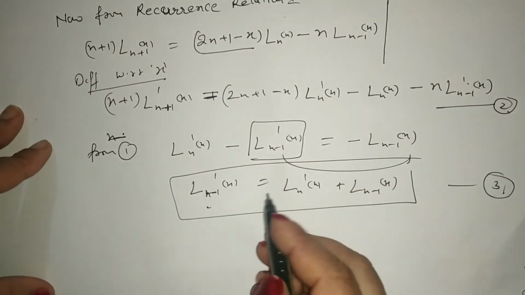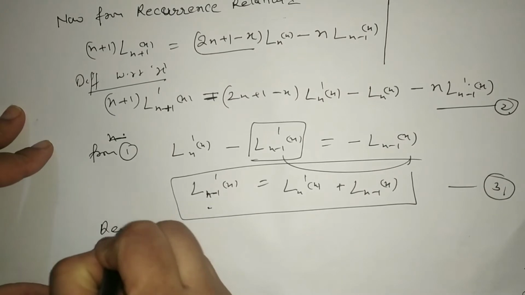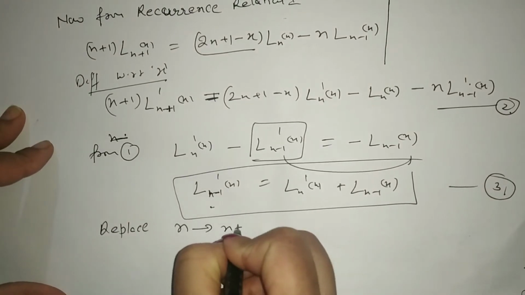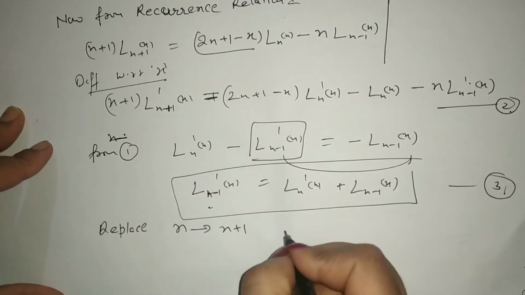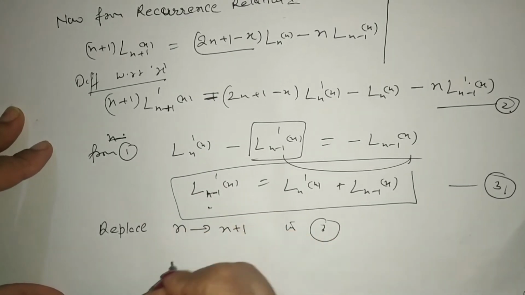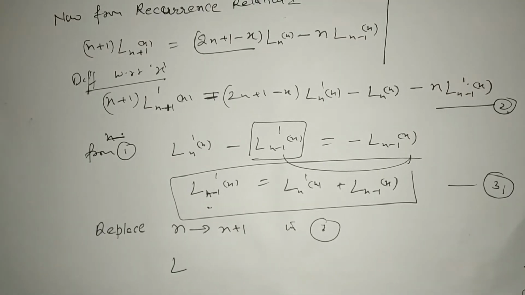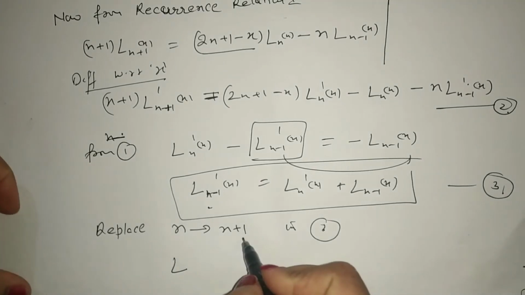Now what we have to do is replace n by n plus 1. So in this number 3, we have to replace n by n plus 1. That means where it is n, you have to write n plus 1.